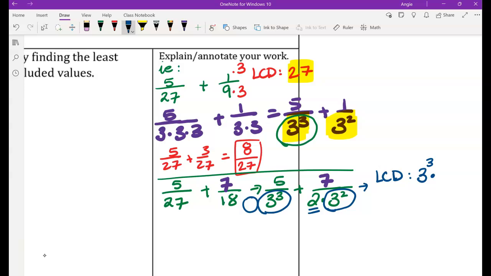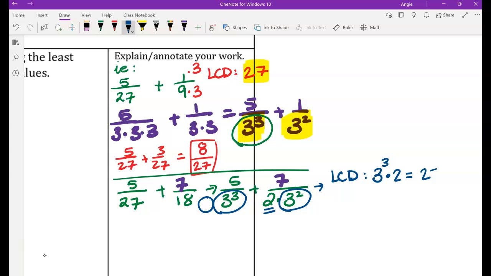Since one has a 2 and the other doesn't, we would need to also multiply the factor of 2. So 3 to the third is 27, and 27 times 2 is 54. So your lowest common denominator, students, in this case would be 54.